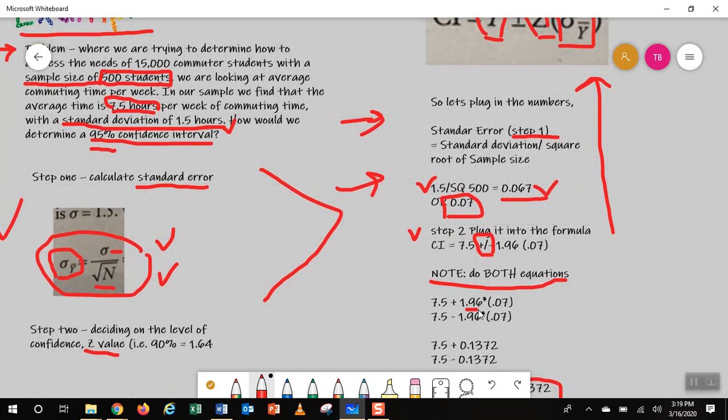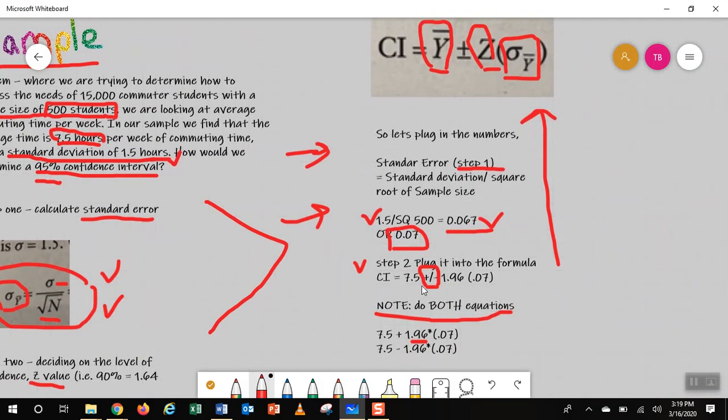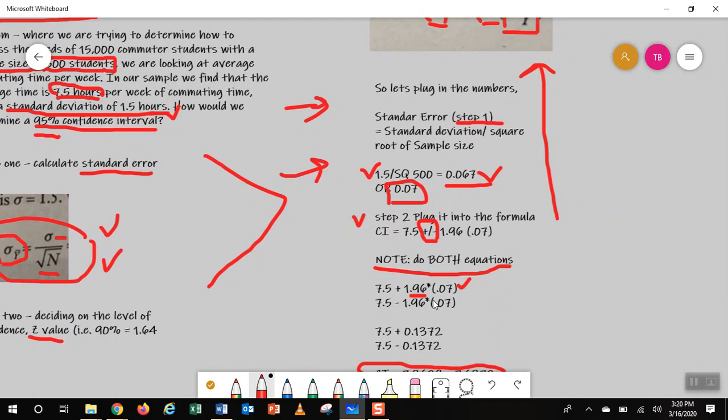7.5 plus the 1.96, because that's the z-score at 95%. Let's plug that in: 1.96 times 0.07. And the 0.07 is just the standard error you got from the first part. So at this part, you're just plugging in the information. So 7.5 plus 1.96 times 0.07, and also 7.5 minus, there's where the plus and minus comes in, 1.96 times 0.07.